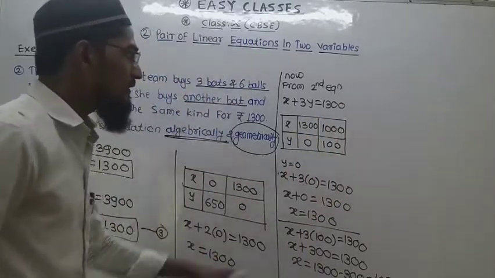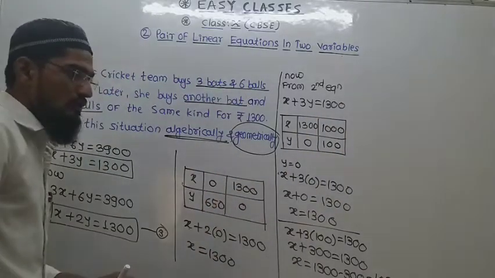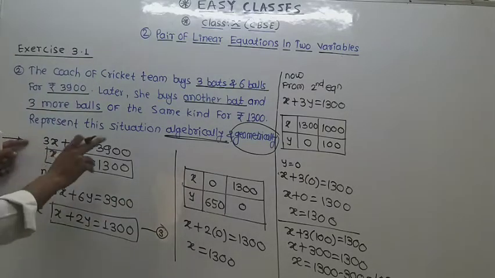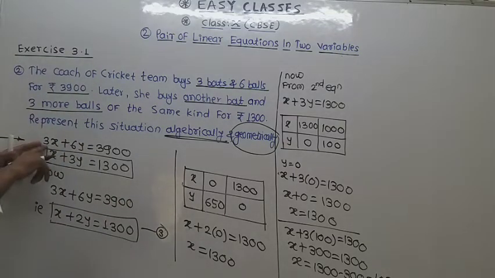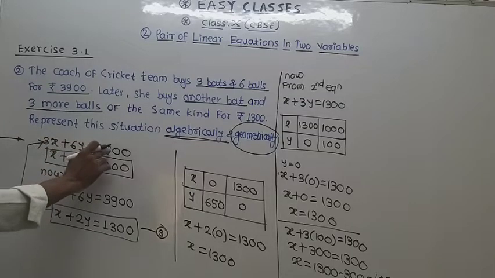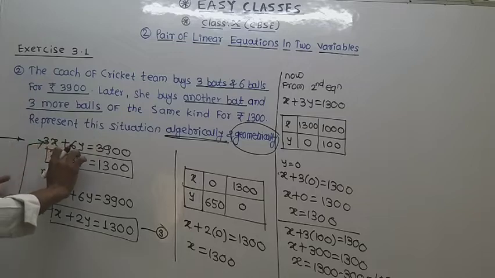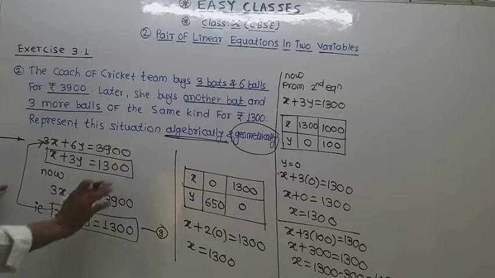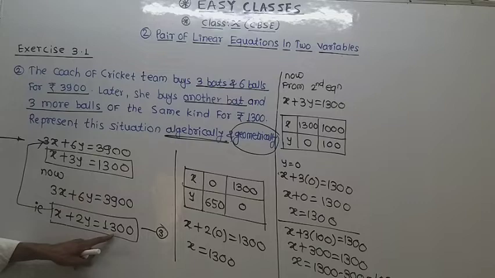So here we have drawn two tables for representing two equations. 3x plus 6y, or we have reduced it, x plus 2y is equal to 1300. We can write any equation, 3x plus 6y is equal to 3900, or x plus 2y is equal to 1300.